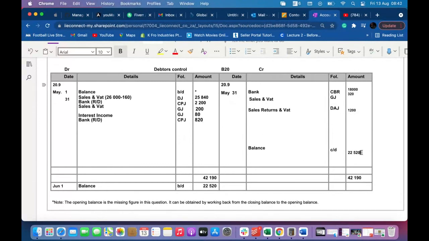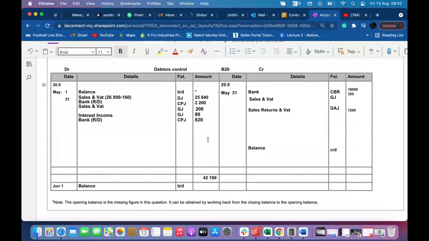Right, now let me remove this, because we don't know the balance here, and I'm going to show you how we're going to get to the balance. We also don't know which one is the bigger side because we don't know what the balance is. So let me remove this as well.